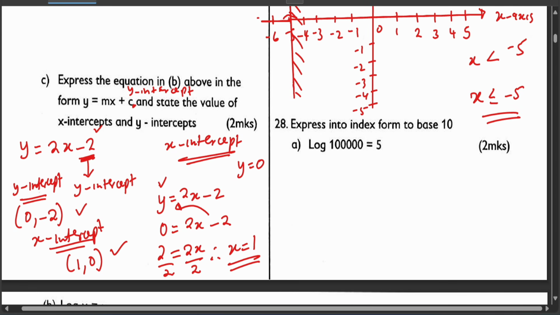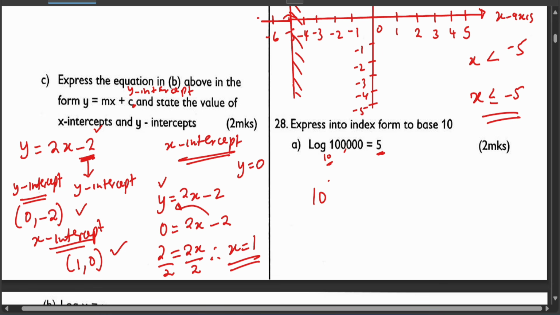Question 28, express into index form to base 10. So this is base 10. You are told log 100,000 base 10 is equal to 5. So this is the power and this is the base.